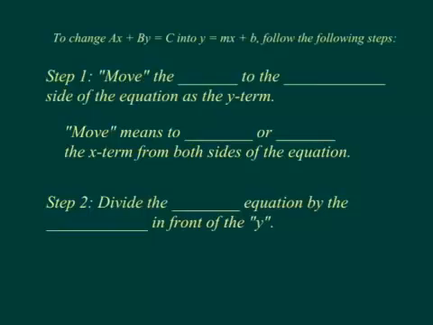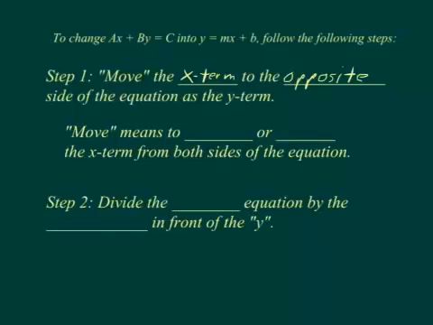Step 1 is to move the x term to the opposite side of the equation as the y term, meaning if it's on the left side with the y term, we need to move it. If it's already on the right side of the equation while the y is on the left side of the equation, we can leave it alone.